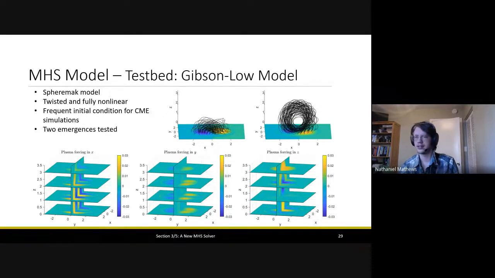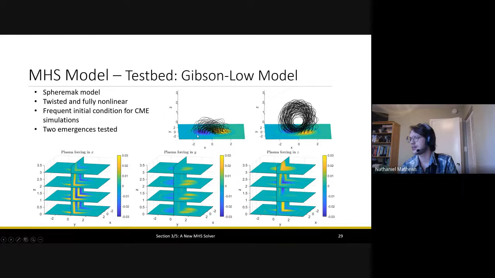So to make this a talk that has pictures in it, I'm going to try to be recovering a model as we go. The model that we'll be recovering is not a specific example of the magnetohydrostatic model we're building. It's going to be the Gibson-Low model. So we're going to see how well we can recover this Gibson-Low model if we know what the plasma forcing is. There's two different evolutions that we're looking at.